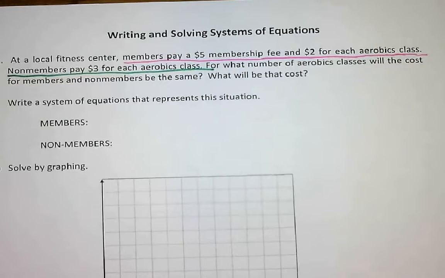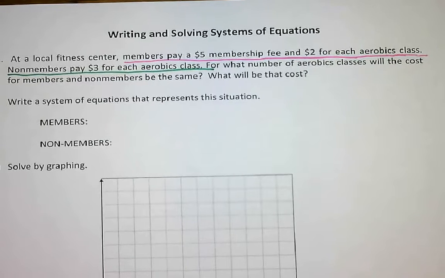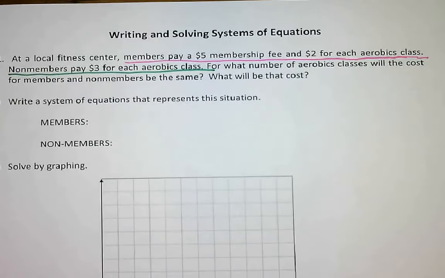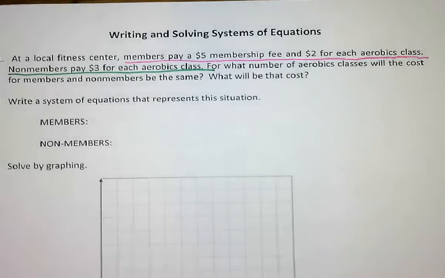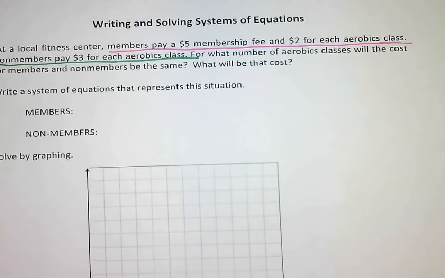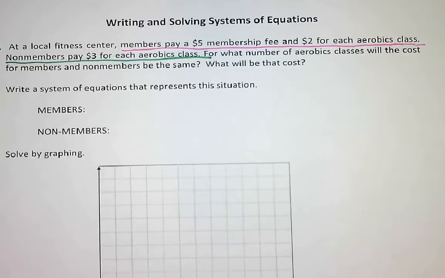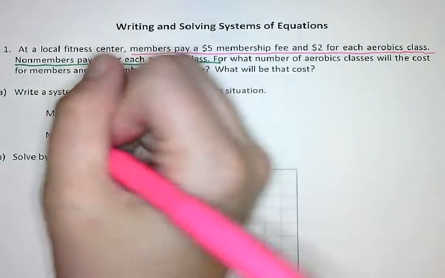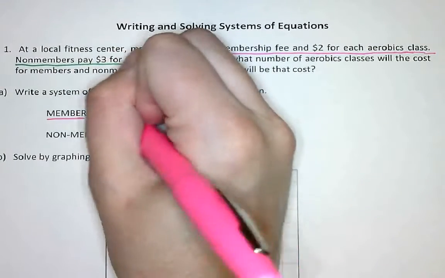All right? So, if we were going to do this, let's write two equations that represent this. So guys, first we need to identify our variables. Well, let's write our equations first, and then we'll look at the variables. So guys, for my members, they start off and they pay $5 no matter what, don't they?